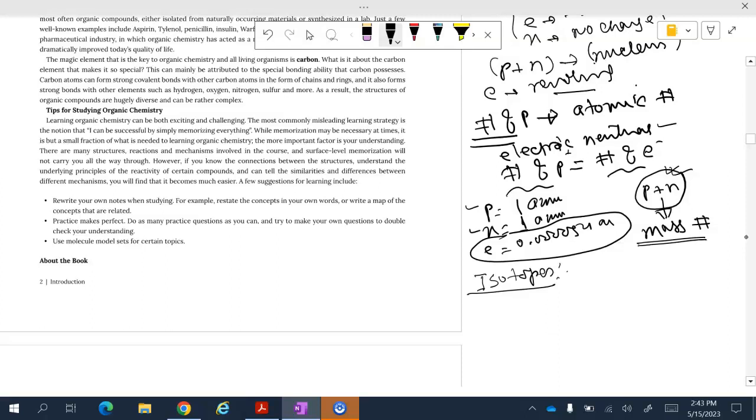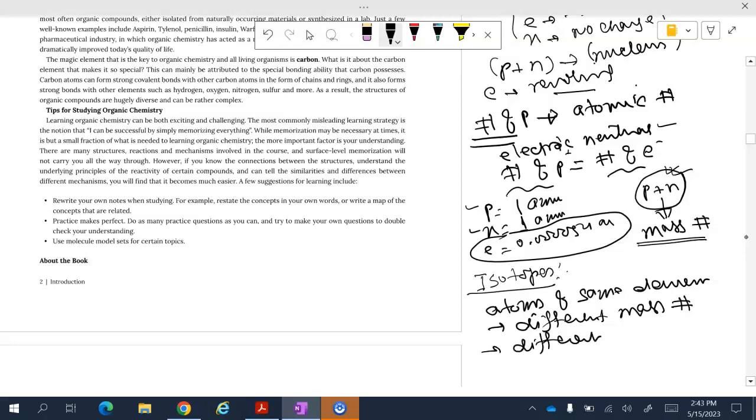However, atoms of the same element may have different mass numbers, and this is due to a different number of neutrons present in their nucleus. That is what we call isotopes.